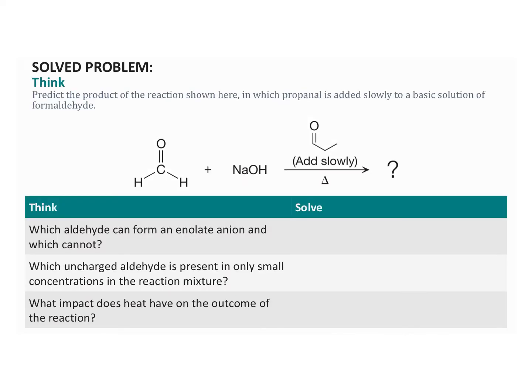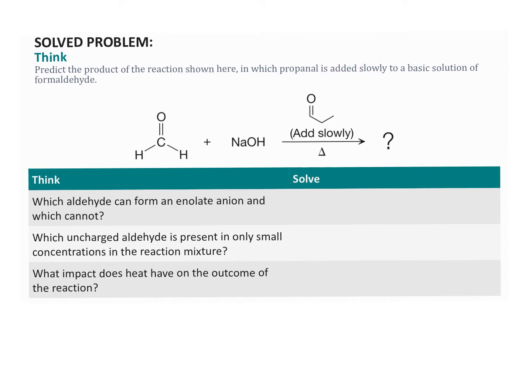So let's look at a problem, okay? We're going to predict the product of the reaction shown here where propanal is added slowly to a basic solution of formaldehyde. And we want to ask ourselves some questions when we do this, like, which aldehyde can form an enolate anion and which cannot? To do this, you need to look for alpha hydrogens.